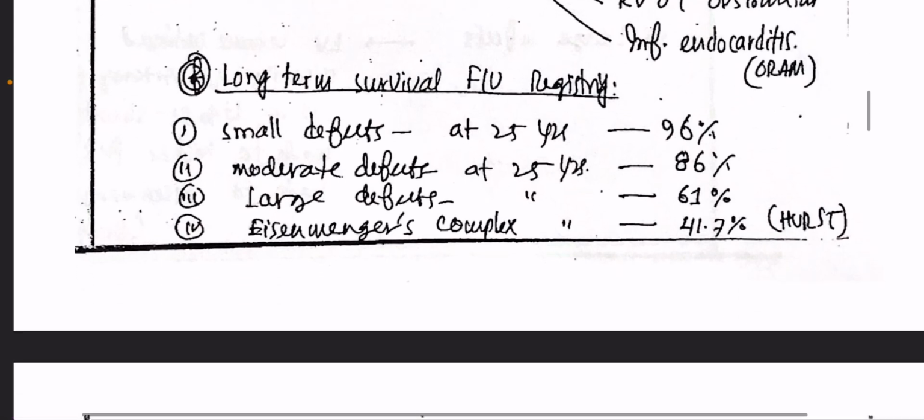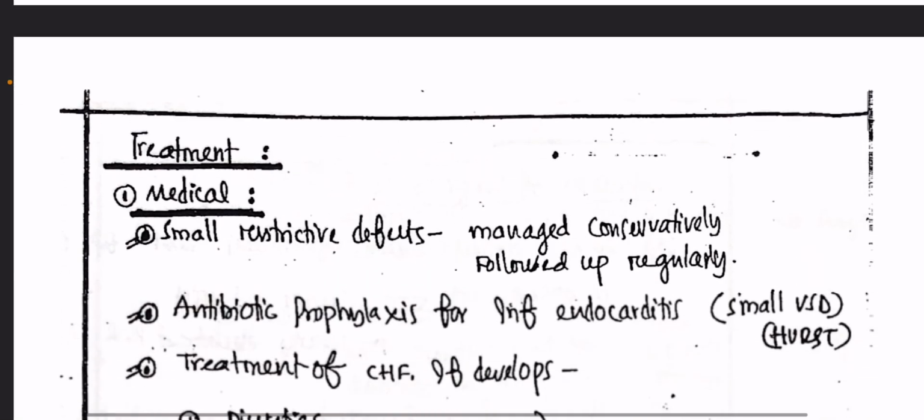What are the long-term survival rates on follow-up? Small defects at 25 years, 96%. Moderate defects at 25 years, 86%. Large defects at 25 years, 61%. Eisenmenger complex at 25 years, 41.7%.